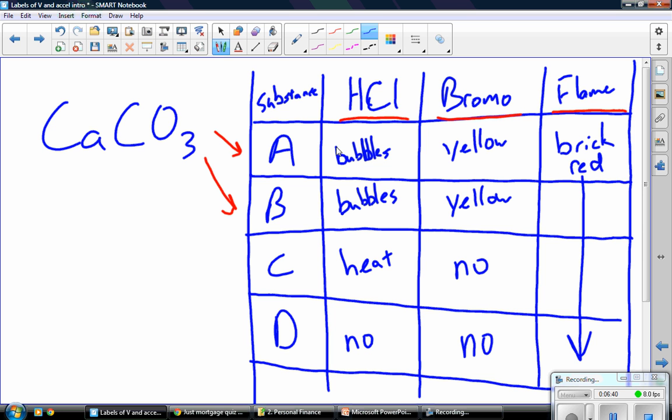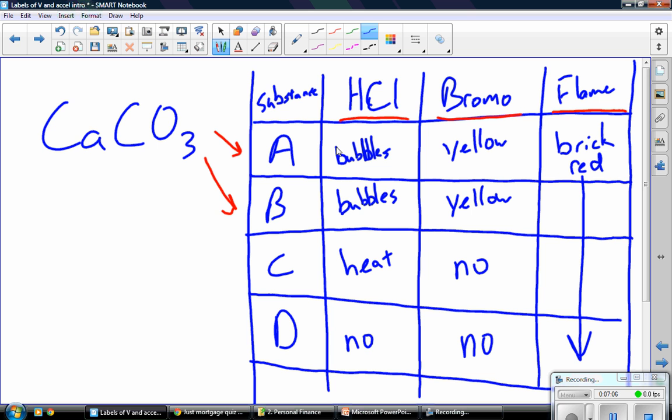So even though they looked very, very different, substance A was just shells from an egg from the store, and substance B was marble chips or marble rocks. So two things that look very differently, but their chemical composition, the main ingredient, was calcium carbonate. So they were pretty much the same.